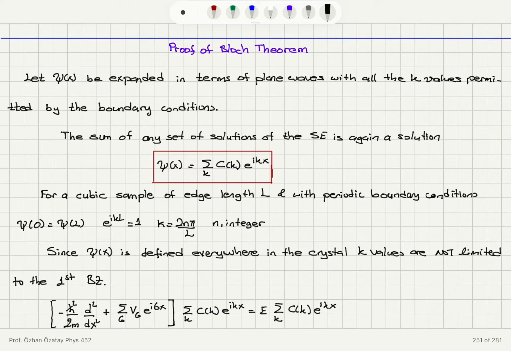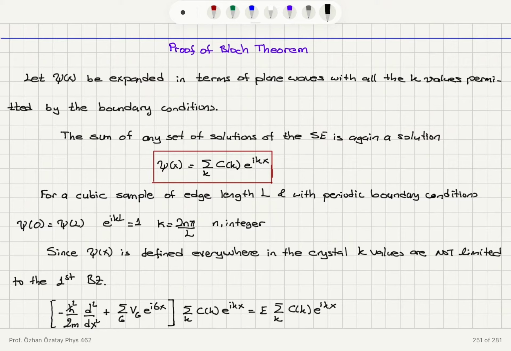This is basically going to give us, for the second derivative, minus h bar squared over 2m d squared dx squared of e to the ikx, which will give us (ik) squared, which is minus k squared. So we will have h bar squared over 2m k squared, sum over k, c_k e to the ikx.